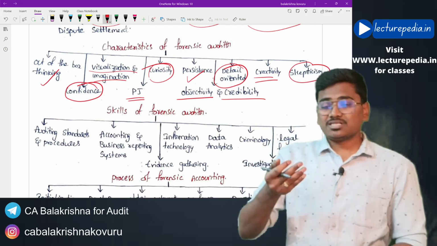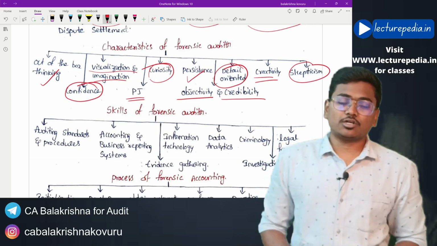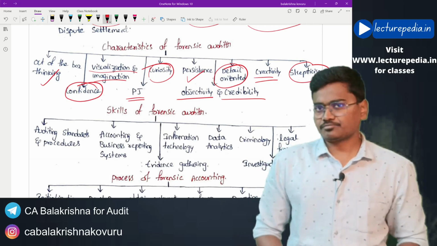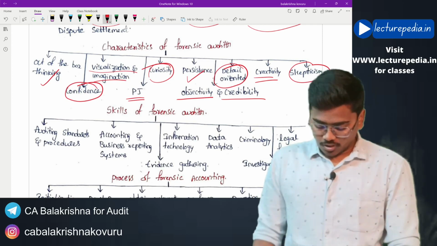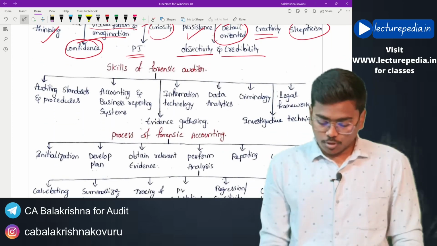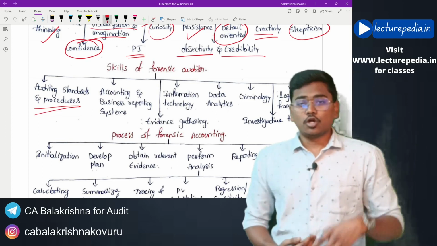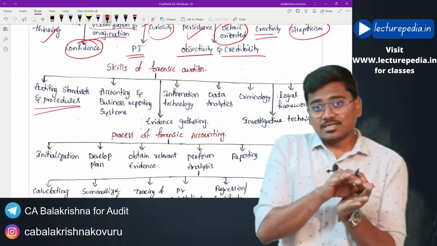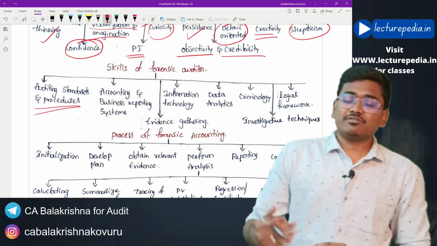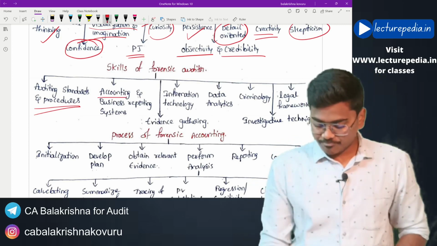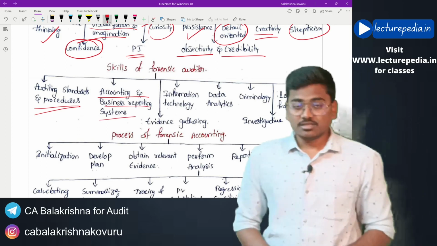Now, what are the skills that the forensic auditor has to possess? First of all, since he is an auditor, he should be well aware of auditing standards and the procedures that are followed in the audit. And since he is dealing with the financials of the company, he should be well aware of accounting standards, accounting and business reporting systems.